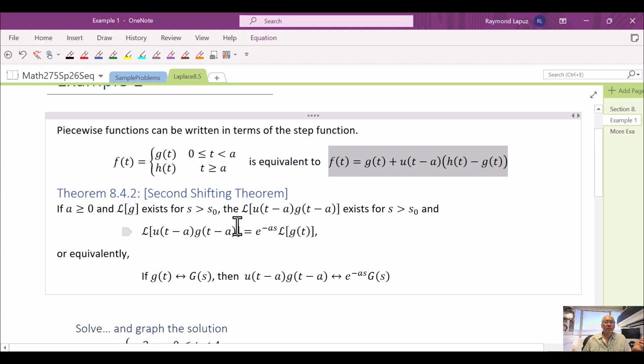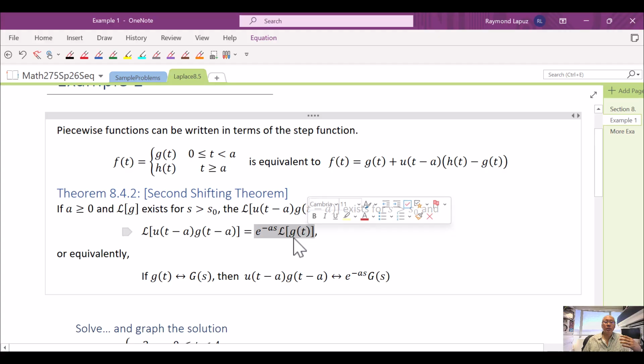This shifting theorem tells us that if we have a piecewise function that jumps, and if your function g has the same shift as the unit step function, then you can transform this into the Laplace transform of the original g function with an exponential function in the Laplace world.